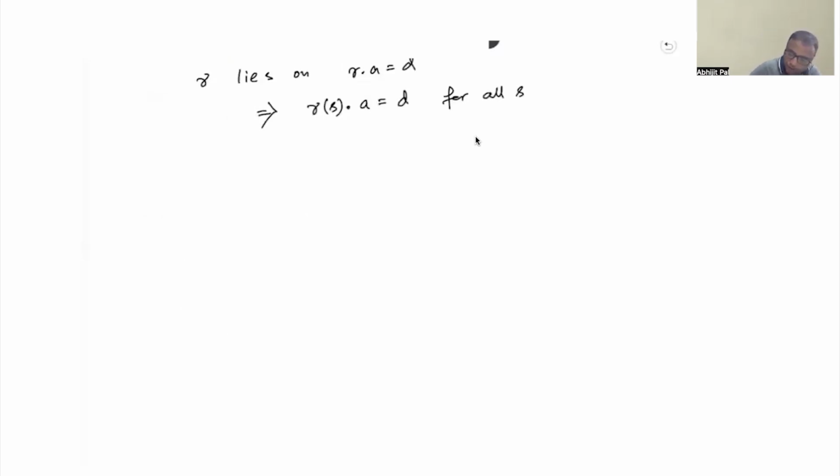Now take the derivative with respect to s. Therefore gamma dot s dot product with a is equal to 0. This gamma dot s is the tangent vector, so the tangent vector of gamma dot product with a is equal to 0.